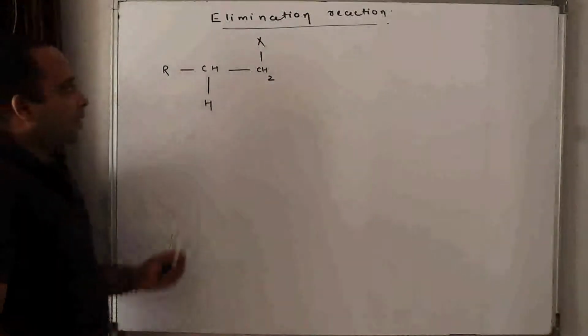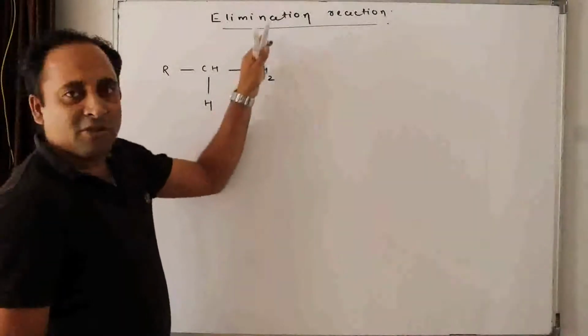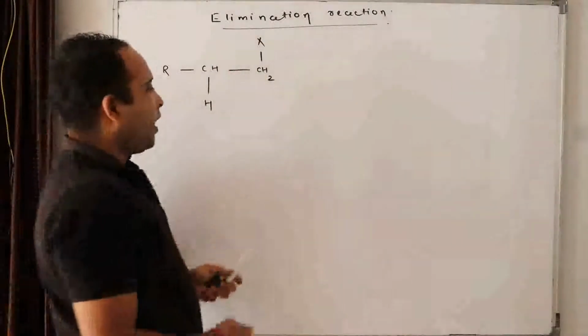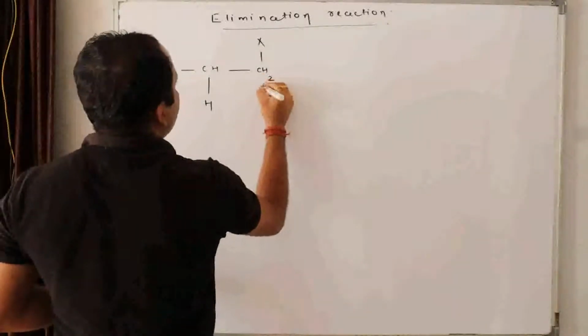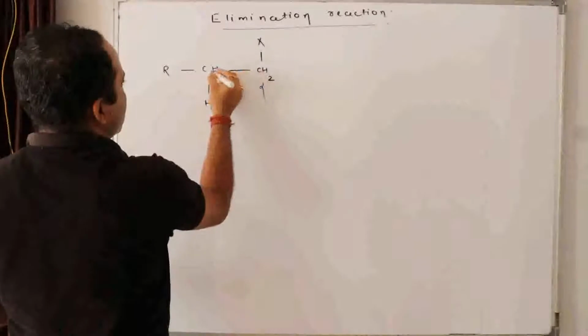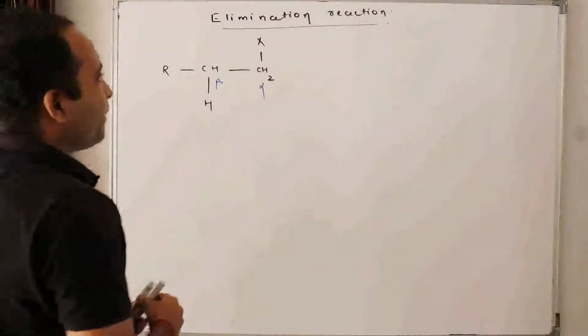If a system is like this, the X-positioned carbon can be said as the alpha carbon and the next carbon can be said as the beta carbon. So what happens?